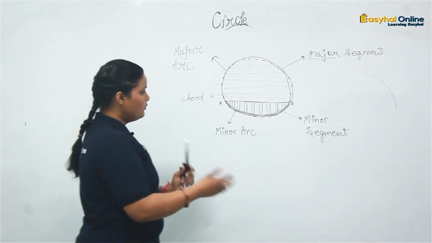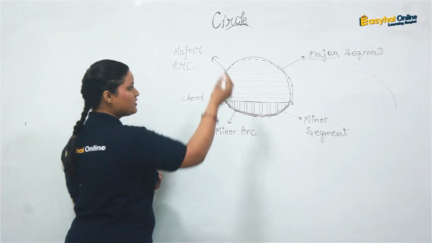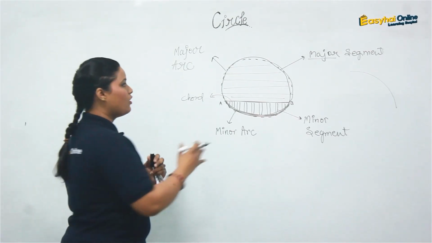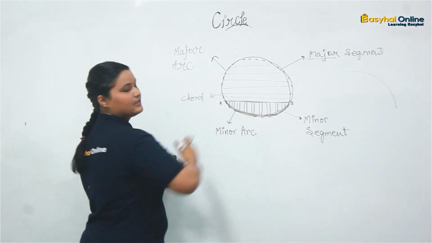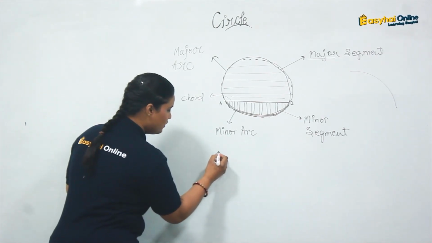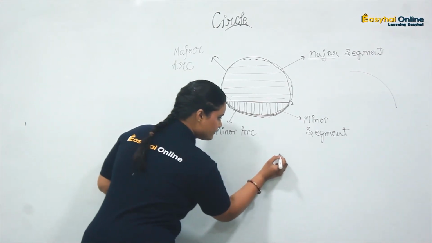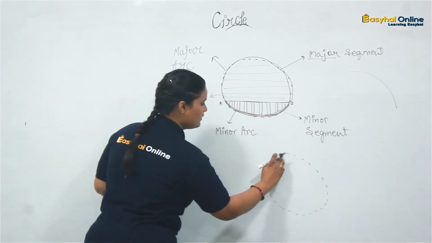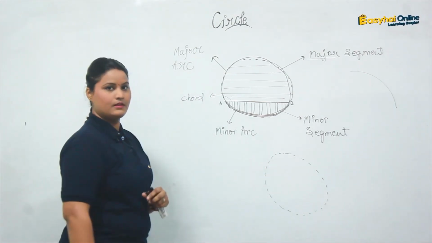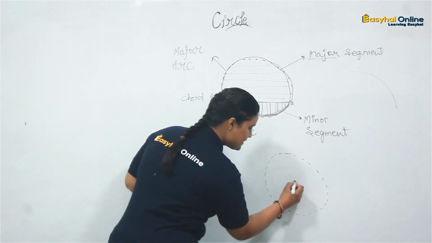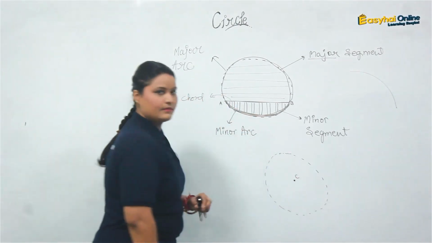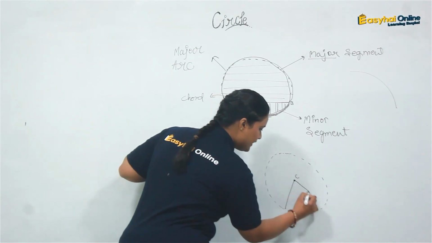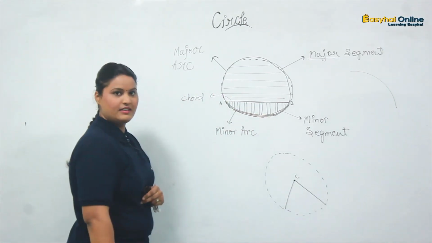Now, I will move to another concept which is very similar to this, and most of the students get confused in that part and this part. So just look at the board carefully. If this is another circle and I draw a center C, and what if I draw two radii?